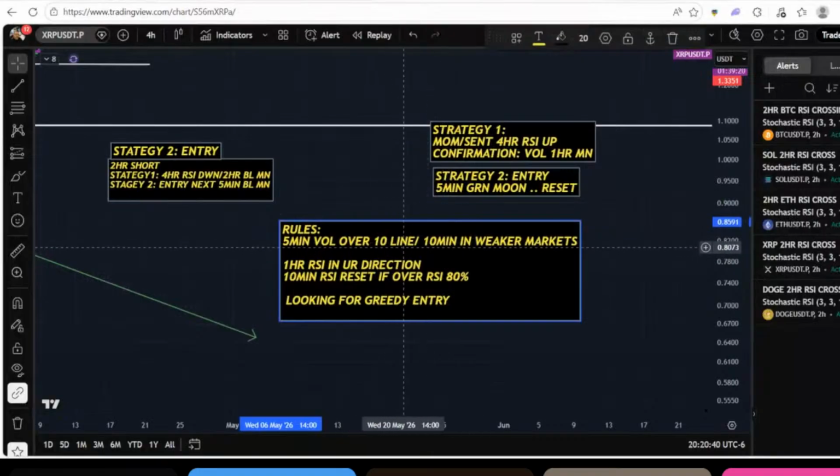You guys can see that's a rule. So this is part of the trading 102, right? A 10-minute in weaker markets. So we want volume above the 10-minute in weaker markets. We want a 1 hour RSI in your direction. 10-minute RSI reset over RSI 80, right?